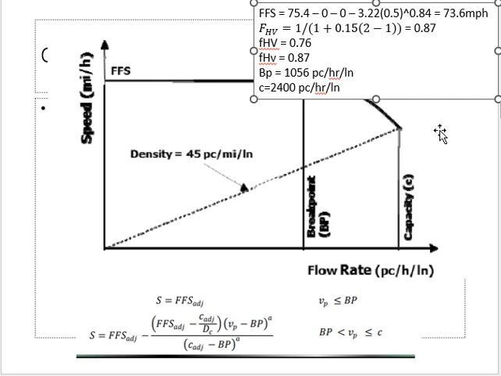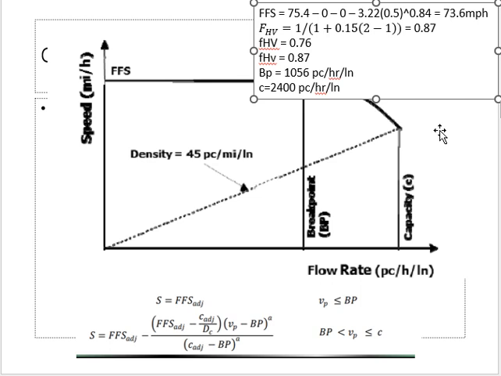I know it will start from breakpoint and it should end at capacity. So between these two, I can try any point, right? Any point after 1056 up to 2400 is on the curve.